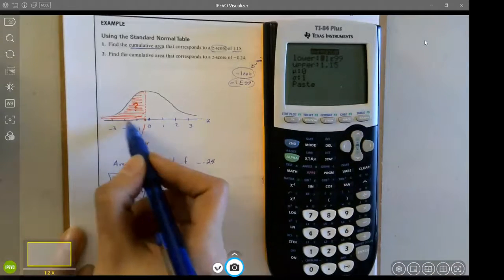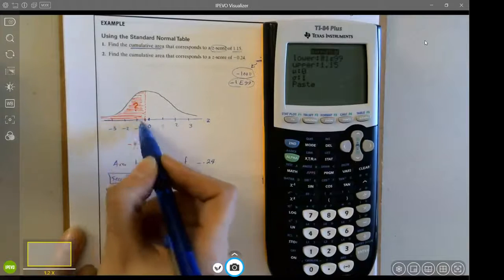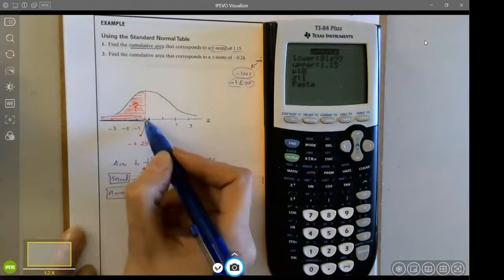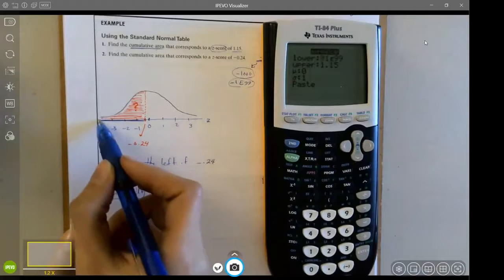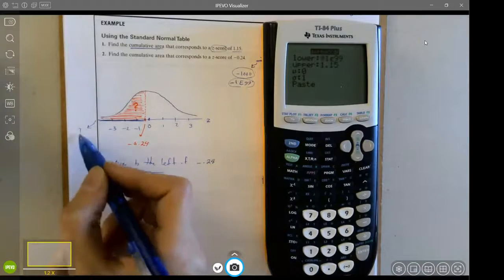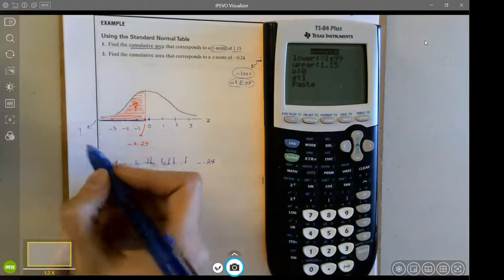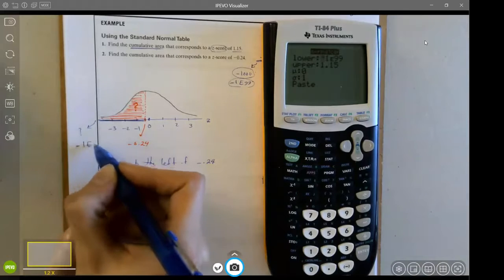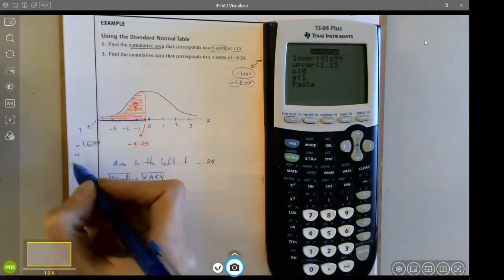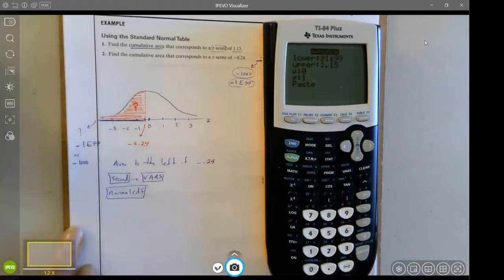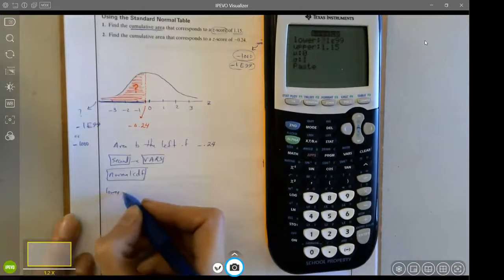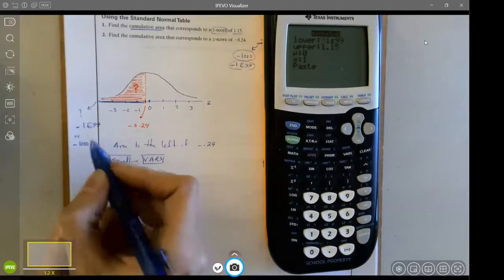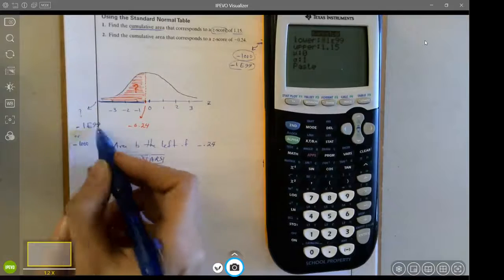Take a look at your graph. We're looking for the area between these two numbers. I know the upper number is negative 0.24, but what is the lower number? You don't have the exact number. So you either use negative 1E99, or you can use negative 1,000, a very small number. So this is our lower bound, negative 1E99, or if you don't have that, you can use negative 1,000.